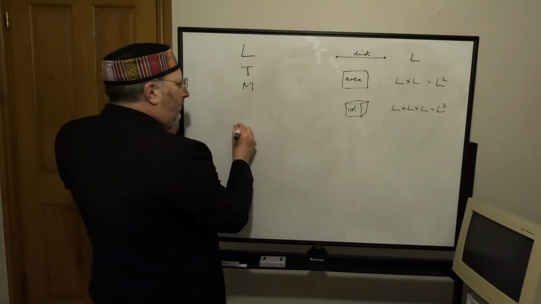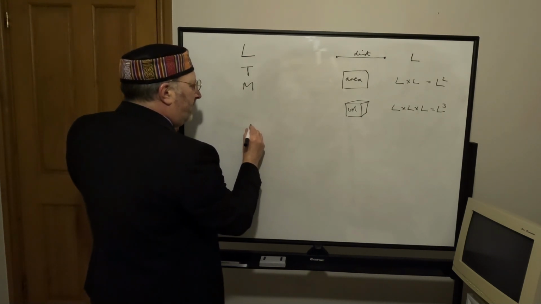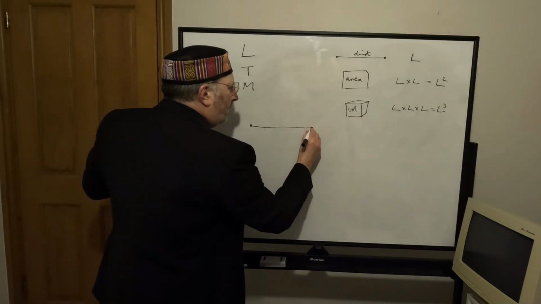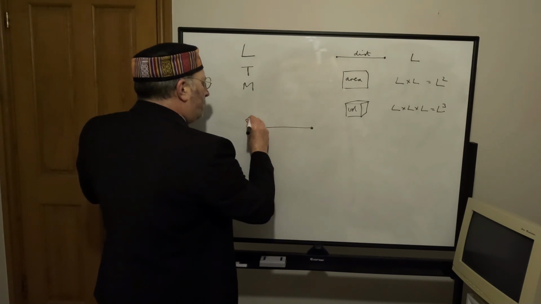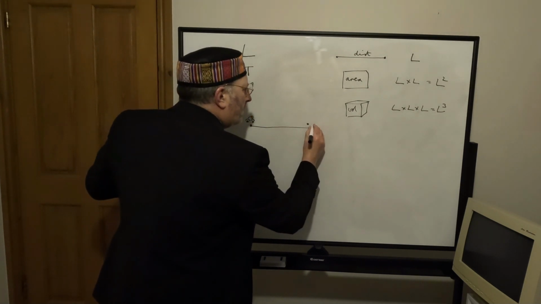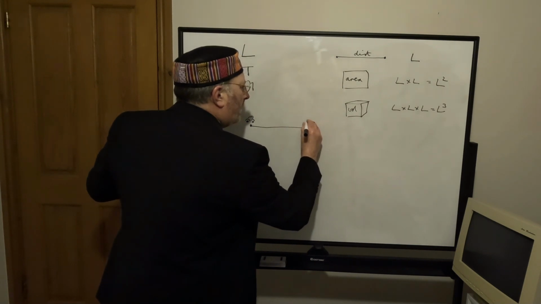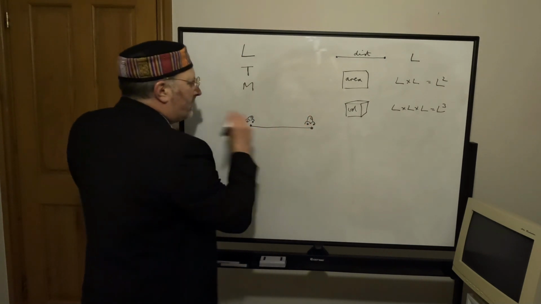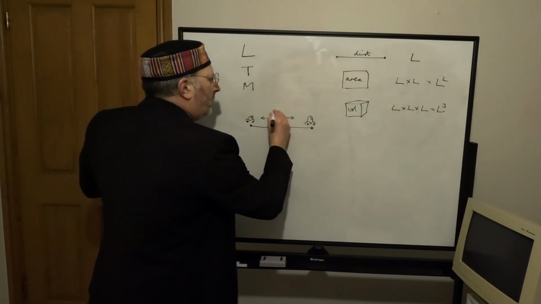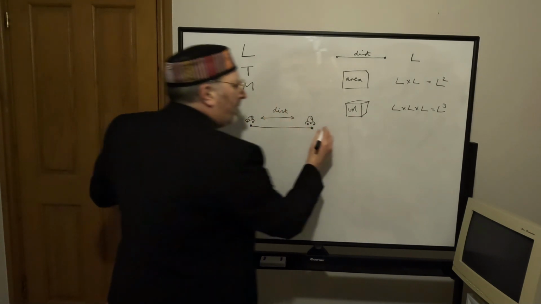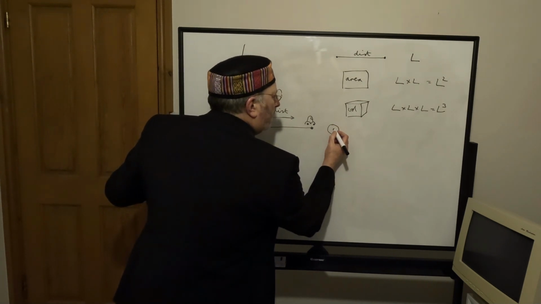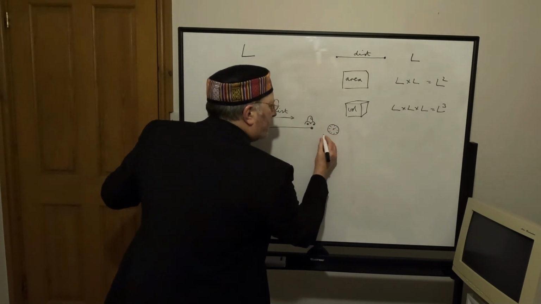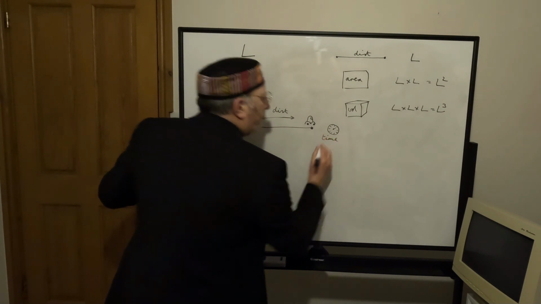Now let's take the example of speed, the speed of something. So I'll have here a car that's travelling along the road, and it goes a certain distance, and here's a stopwatch. It takes a certain time.